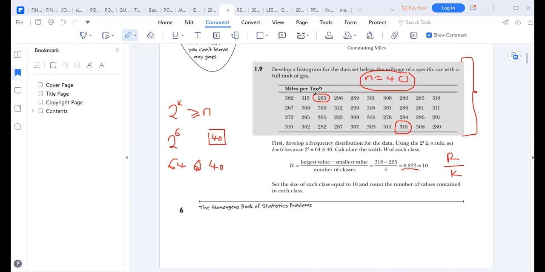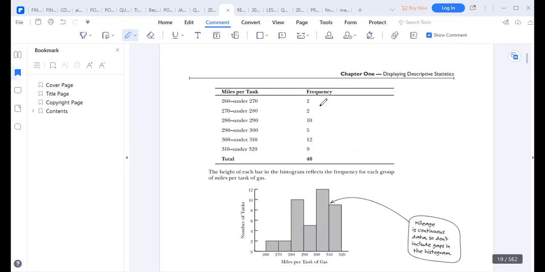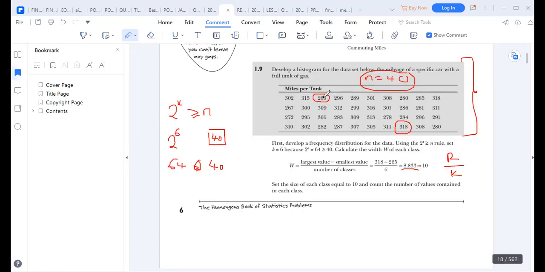So meaning we're going to look at a range of values starting from 260, because the lowest value here is 265. So we can say 260 to 270, 270 to 280, 280 to 290, 290 to 300, 300 to 310, 310 to 320.